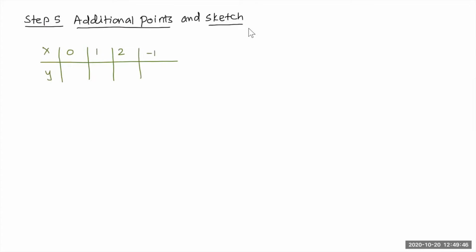So let's find some points on the graph of that function. Our function was f of x equal to e to the x divided by x. We have already seen that when you plug in x equal to 0, it is undefined.